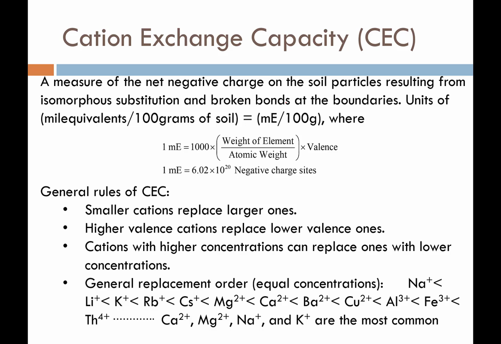So it's in terms of, again, these units of milliequivalents per 100 grams of soil, and it's intended to provide a measure of the potential for us to perform an isomorphous substitution.